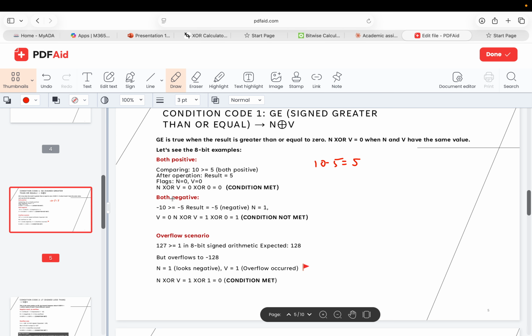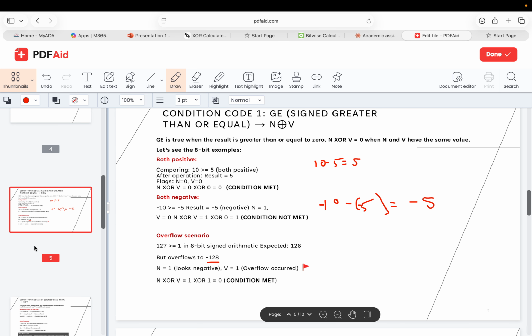As a result, N is equal to 1 because the calculation result is negative, but V, the overflow flag, is also 1, and their XOR, 1 XOR 1, is 0. This shows that this negative sign is not a real sign. Actually, it's a false sign, because of the overflow. So the statement is true: 127 is greater than or equal to 1.